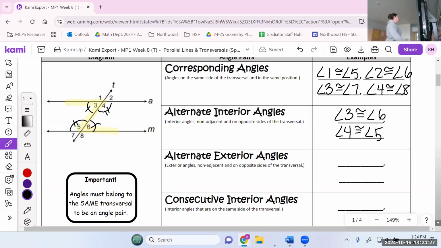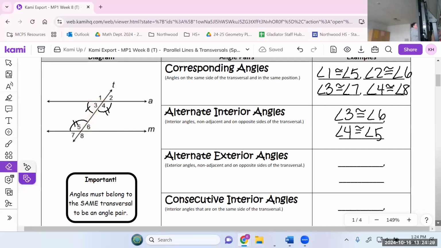Some of you might guess the alternate exterior. So here, what's on the outside? One is on the outside, and that's going to match. I need to alternate, so if one's on this side of the transversal, I need the other on the other side of the transversal. In this case, to the left and to the right, though it could be up and down, depending on the way your diagram is drawn.